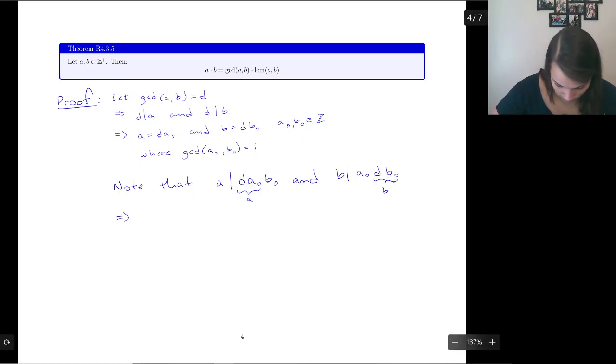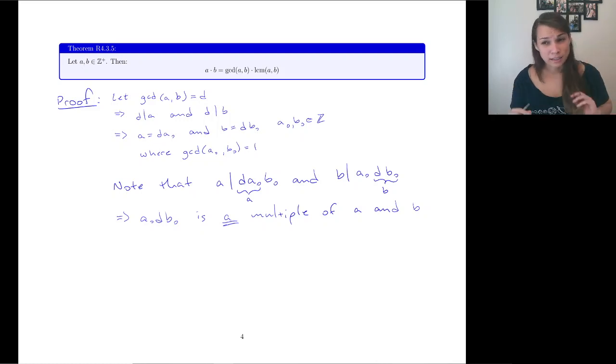So then A naught D B naught is a multiple of A and B. Is it the least common multiple? Don't know. That's what we have to prove. Once we have that, we'll be done with this proof.